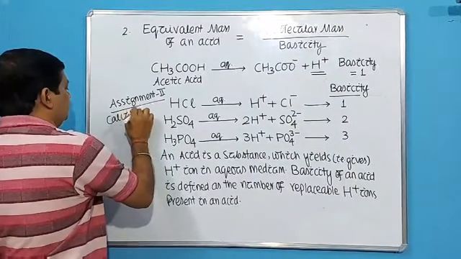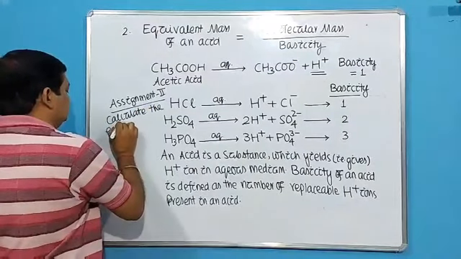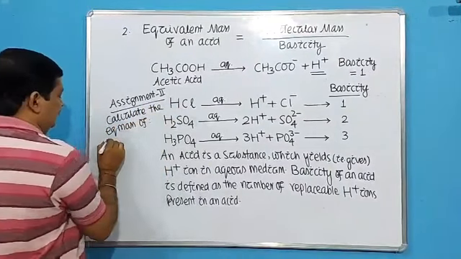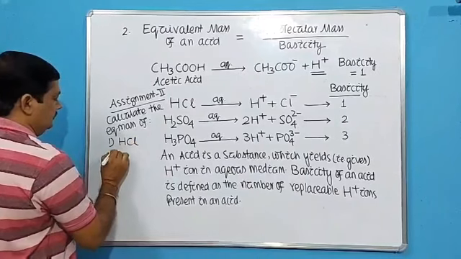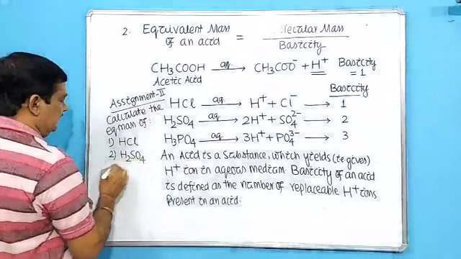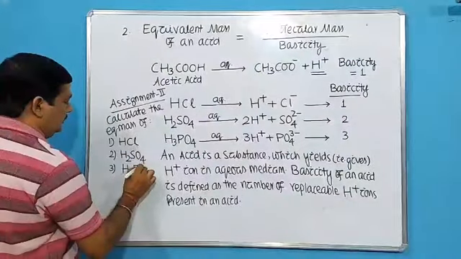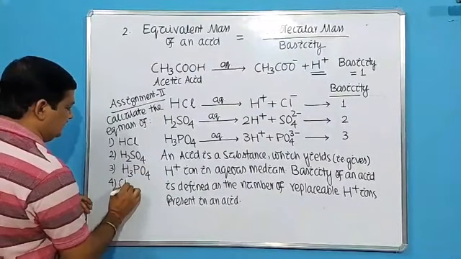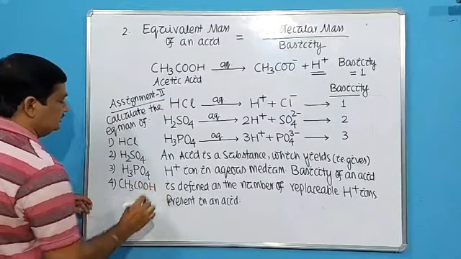Calculate the equivalent mass of 1, hydrochloric acid HCl, 2, sulfuric acid H2SO4, 3, phosphoric acid H3PO4, then 4, acetic acid CH3COOH.